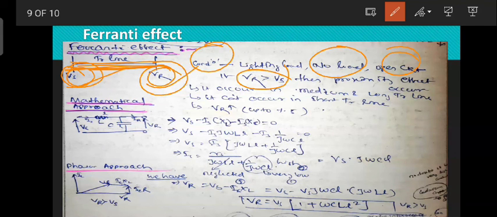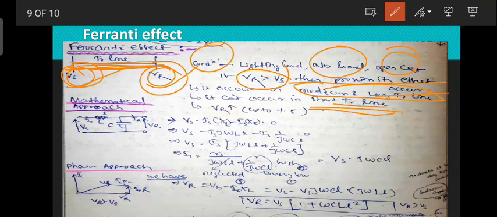That means the receiving voltage is greater than the sending end voltage. So it occurs in the medium and long transmission line, not in the short transmission line. Remember that one thing. It cannot occur in the short transmission line.